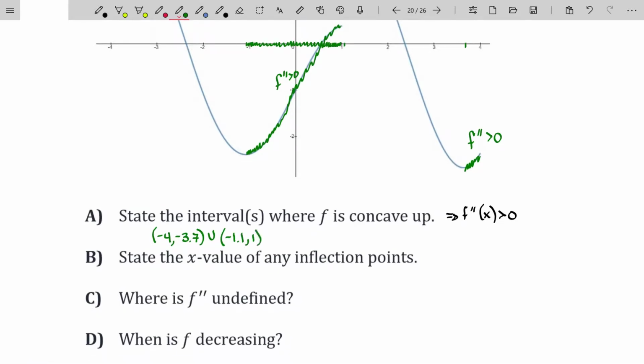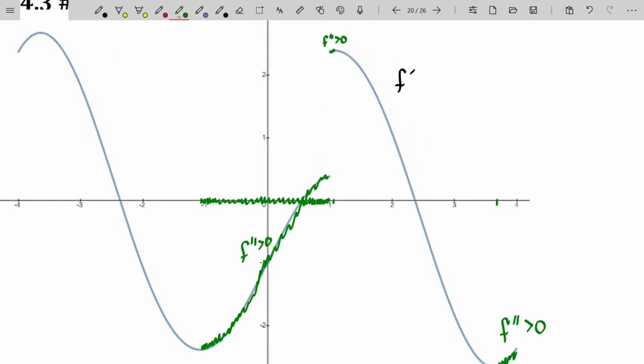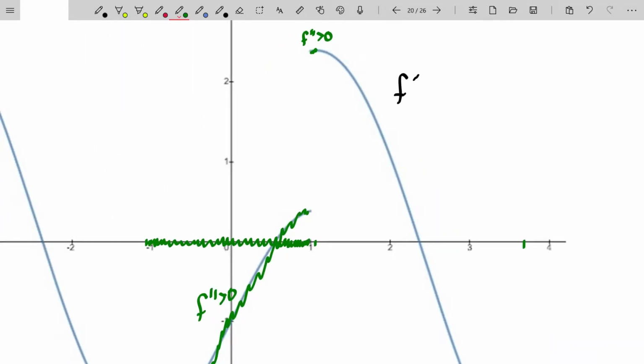Now you might be asking, wait, why did he stop at 1? Because it's increasing for a little bit up above as well. You're right, but our first derivative has a break, so our second derivative has a break. Our second derivative is not going to be continuous at 1. I'm assuming, by the way, that the x value for this jump discontinuity is x equals 1.